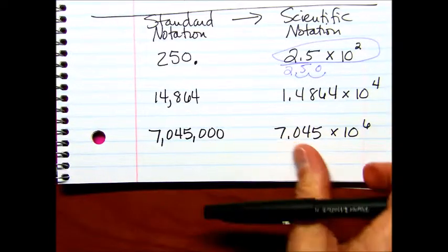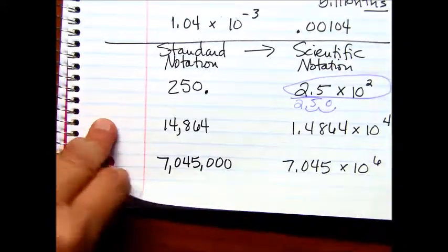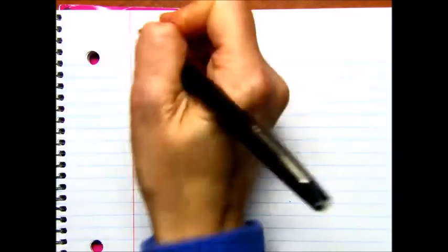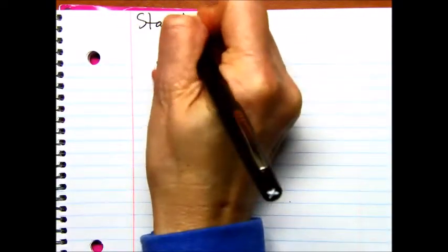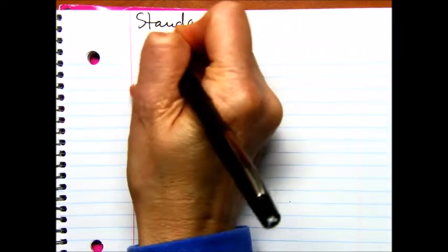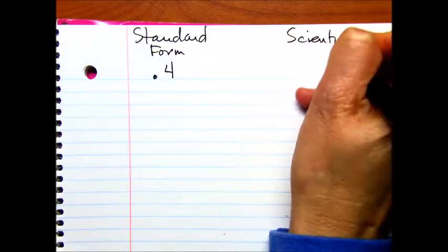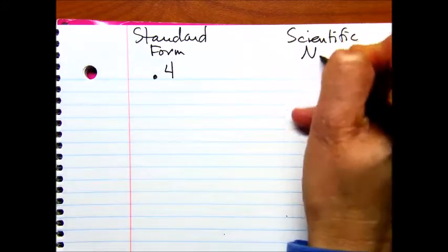Okay, let's do some numbers that will give us a negative exponent. So 4/10, and we want to write that in scientific notation. So this is standard form, or notation, and we want to go to scientific notation.